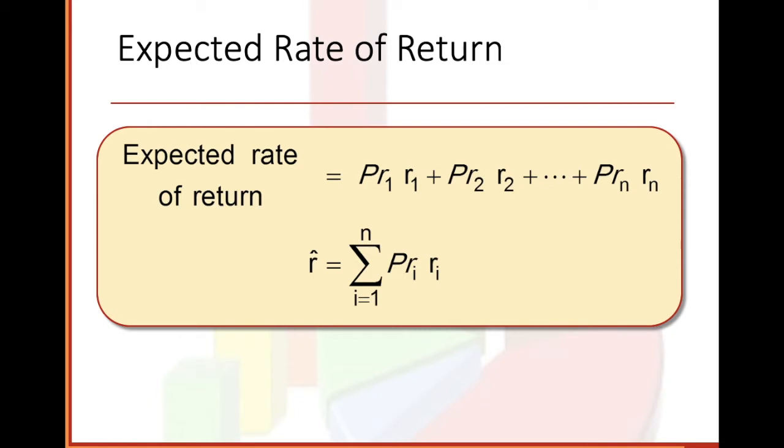It's going to equal P1 R1, plus probability 2 times rate of return 2, up to probability n times rate of return n. So r hat equals the summation, as i approaches n, of probability of i and then rate of return r sub i.